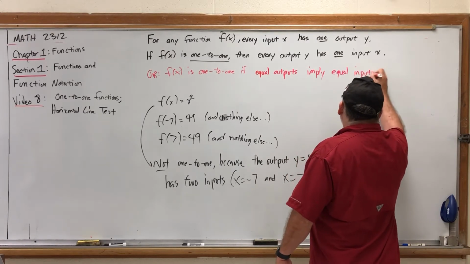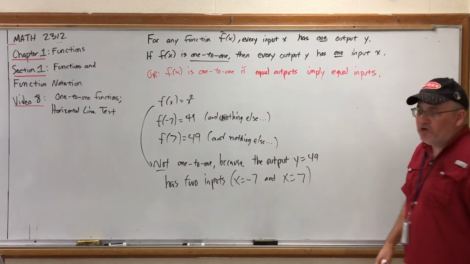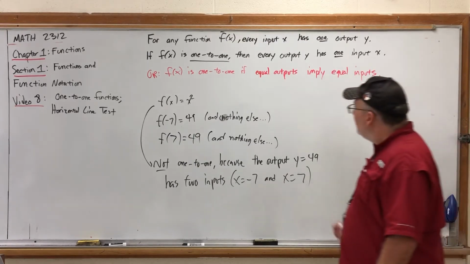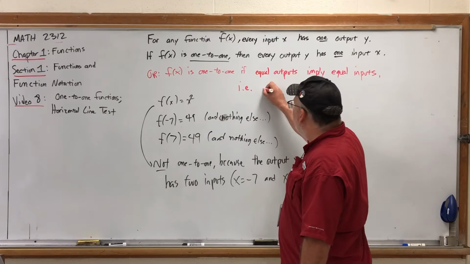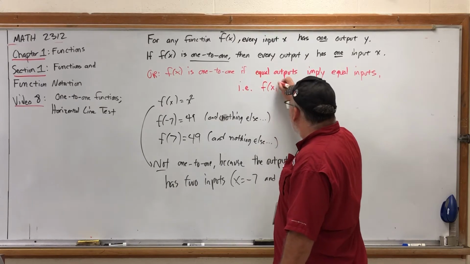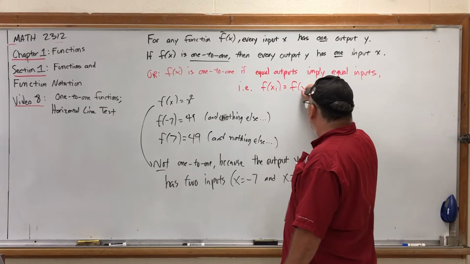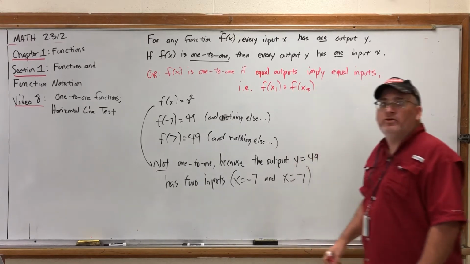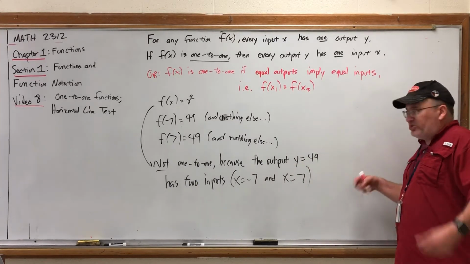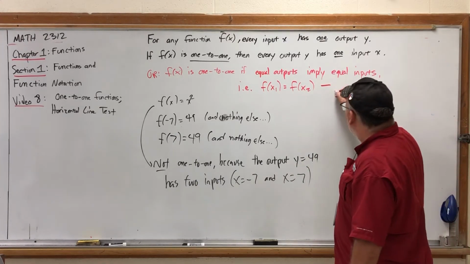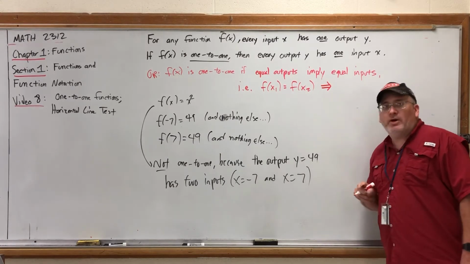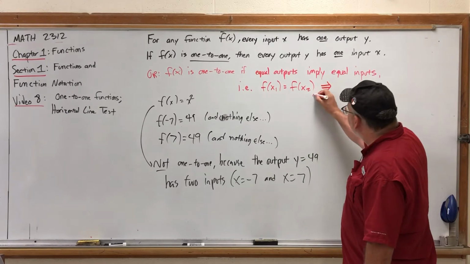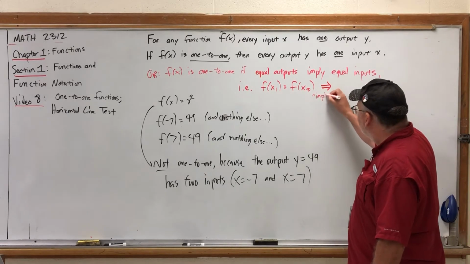Meaning the only way you can get the same answer out is to put the same number in. In other words, a function is one-to-one if f of x1 equals f of x2, if two things come out the same, this implies, I'm not sure if I've shown you all this double line arrow before. It's a symbol for the word implies.